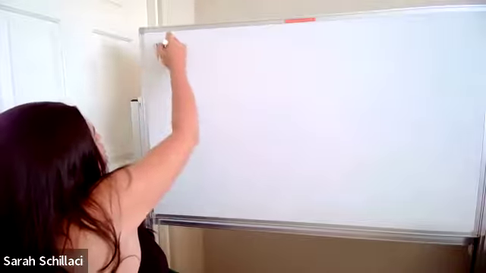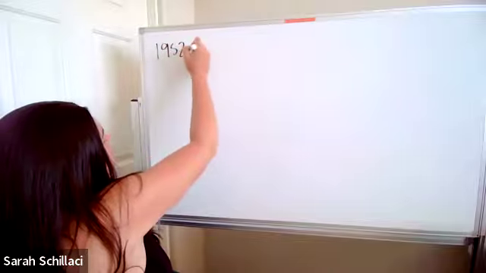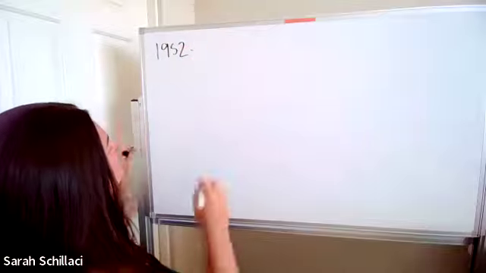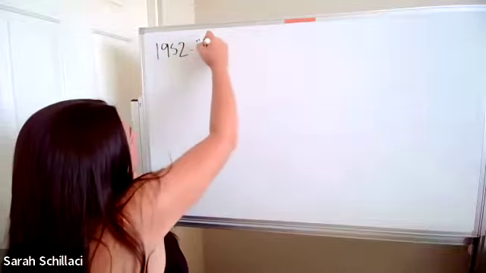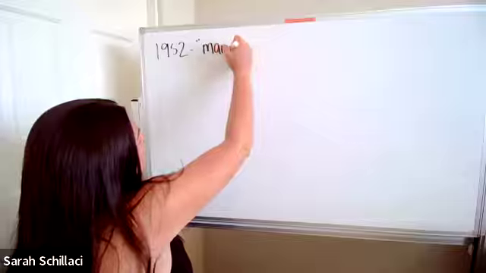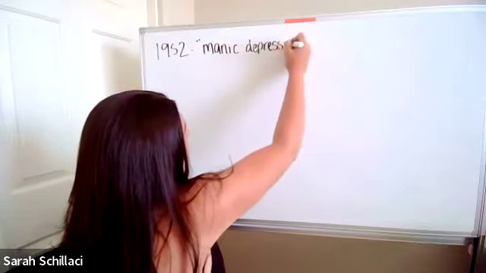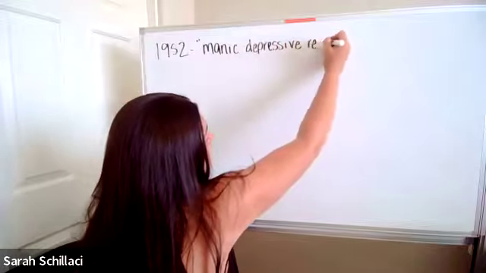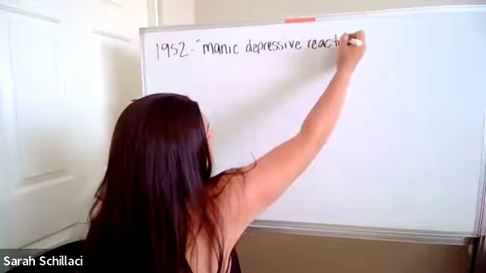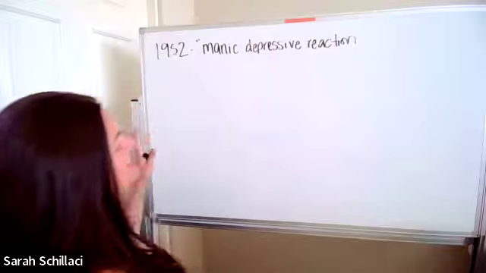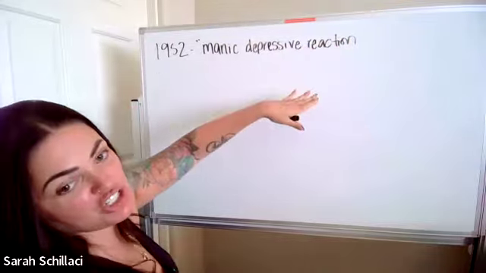The first version of the DSM was written in 1952, and at this time we called bipolar manic depressive reaction. So at this point, it's not even being recognized as an illness. We are seeing it as a reaction.